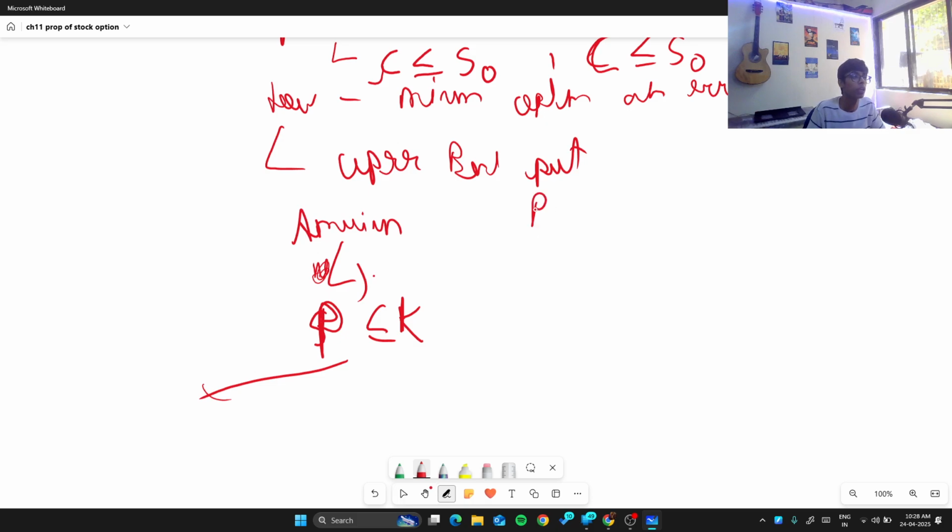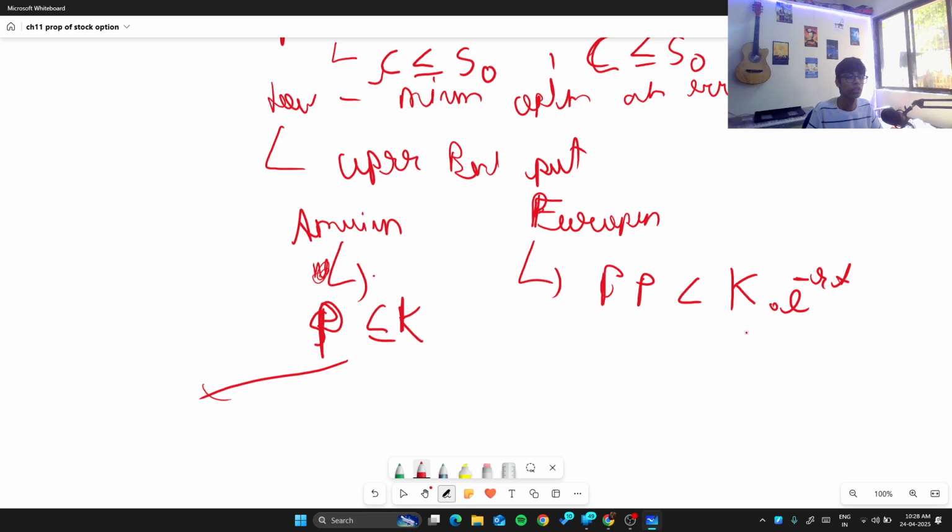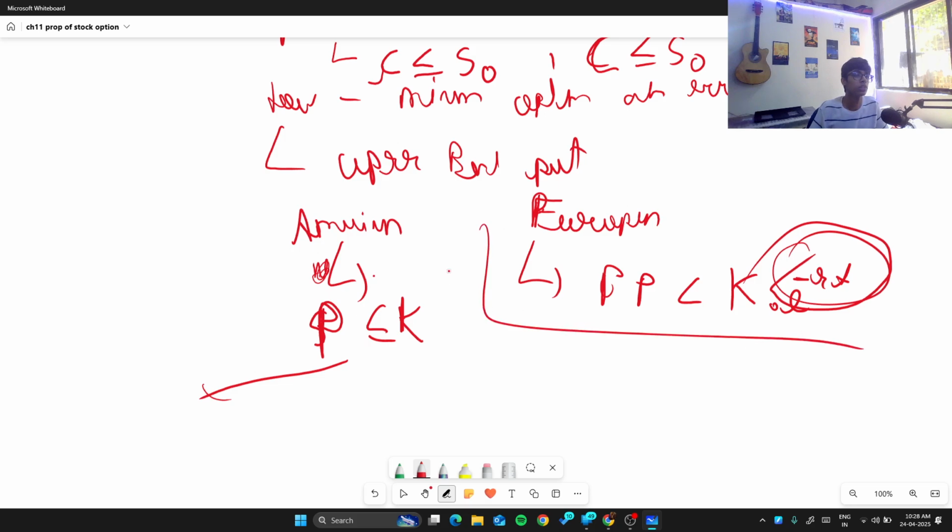For a European put, it can't be more than the discounted value of K, because if we don't discount the cash flow, an arbitrageur could easily make money by investing the premium at the risk-free rate and earn risk free, and that should not be possible. That's why we discount it in a European option.